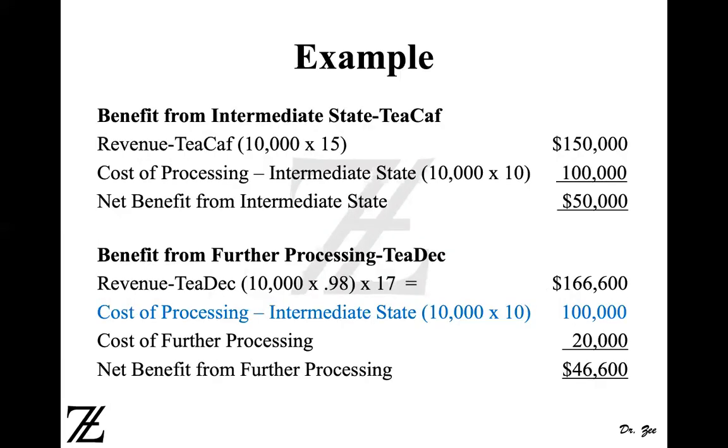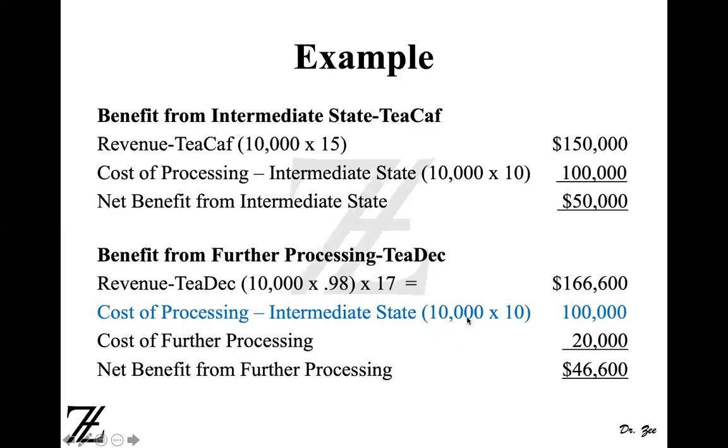So you don't have 100% of the 10,000 pounds left. 100% minus 2% is 98%, so you have 98% of the 10,000 pounds. That will give you 9,800 pounds times $17, so $166,600. And then at the intermediate state, you have 10,000 pounds times $10.